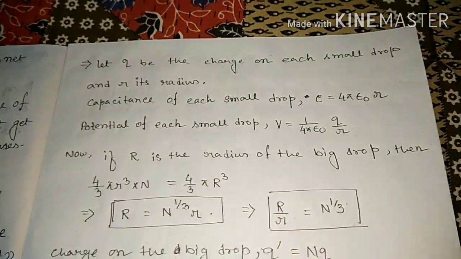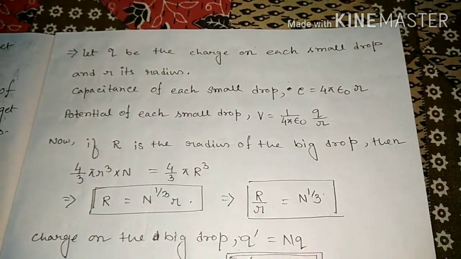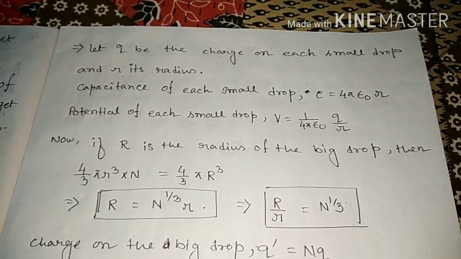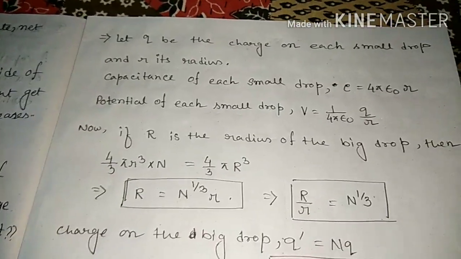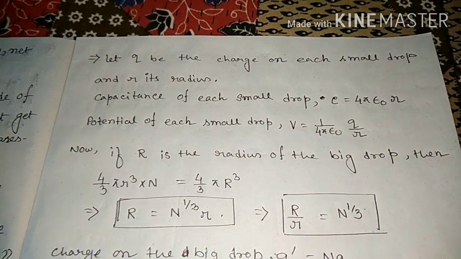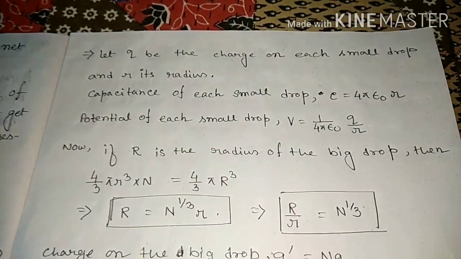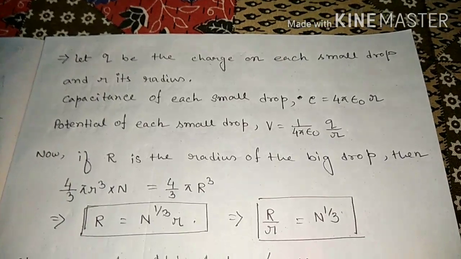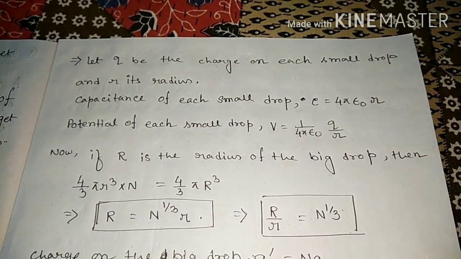So how do we solve this? Let Q be the charge on each small drop and r the radius, because equal radius and equal charges are mentioned. So each has charge Q and the smaller radius r. The capacitance of each small drop, because it is spherical, is C equals 4 pi epsilon naught into r.